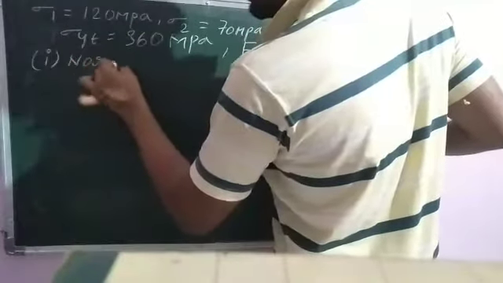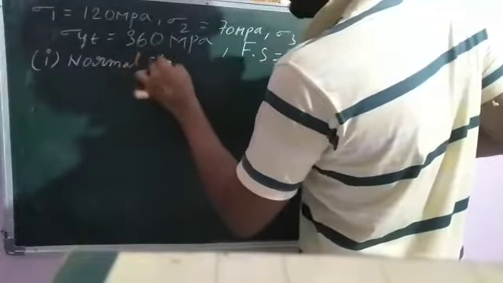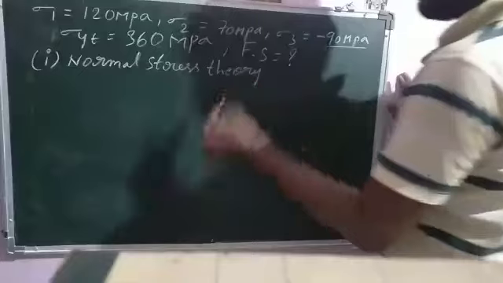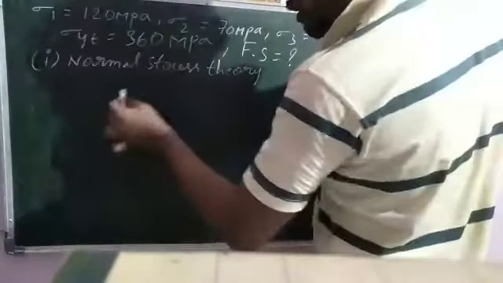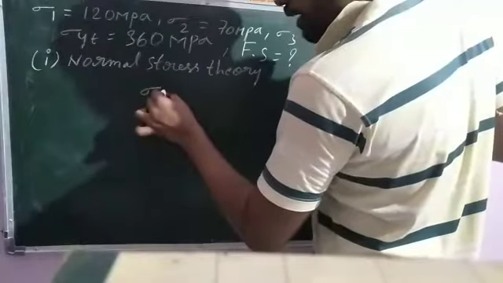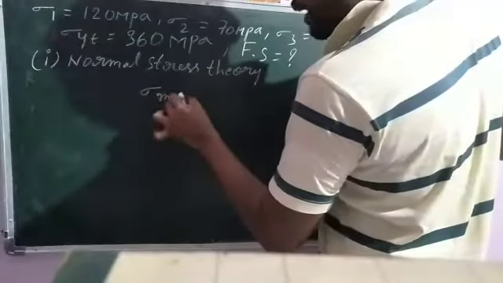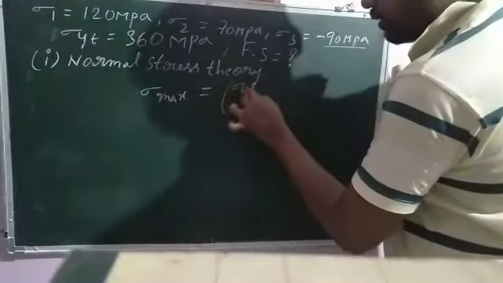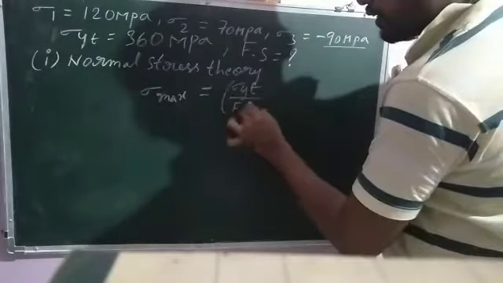According to normal stress theory, what is the formula? The maximum principal stress is equal to sigma yt by factor of safety.